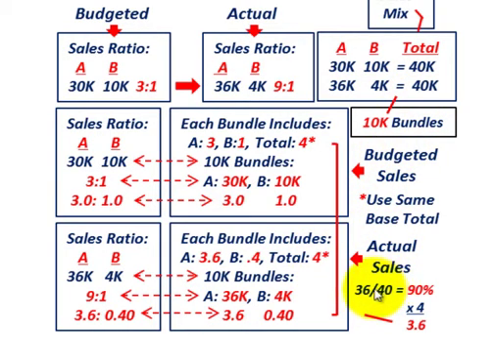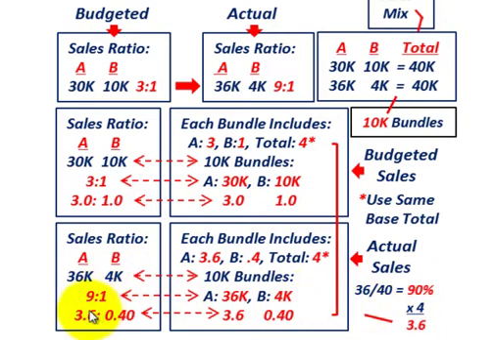Making that division, product A is going to be allocated 90% of that total of 40,000 sold for the bundle. Take that times the quantity for the bundle of 4 per bundle. That's going to give us 4 times 90%, which is 3.6.